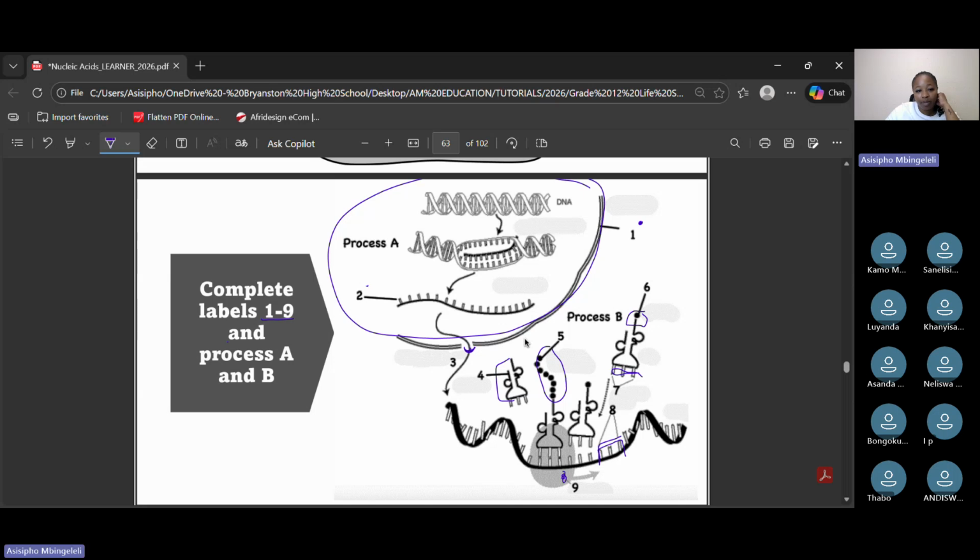IP, you were speaking. I don't see the name. It's just written IP. Oh. So mine needs mRNA. mRNA, perfect. That is the mRNA. There is number 2. That is the mRNA. Okay. Then 3 is this space over here. This little gap over there. Bongokuhle.